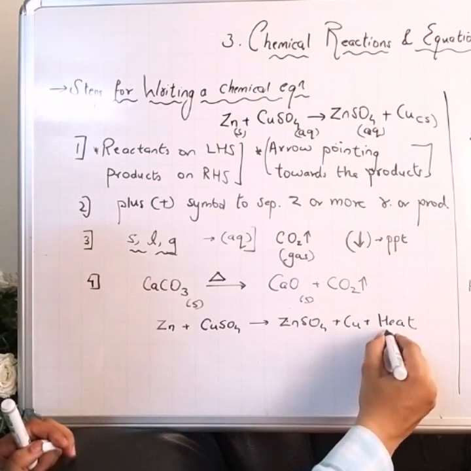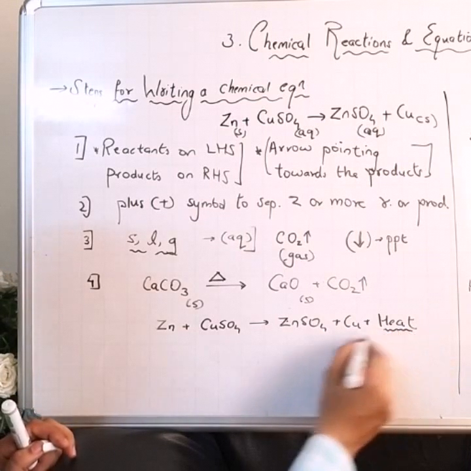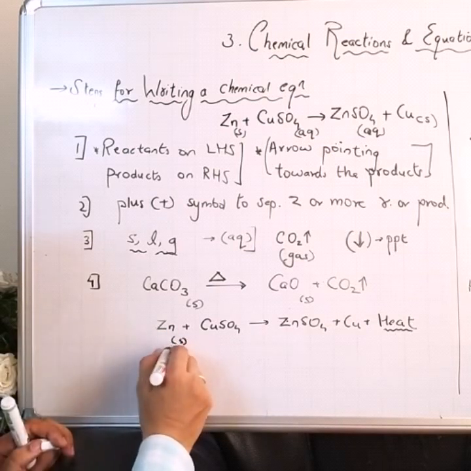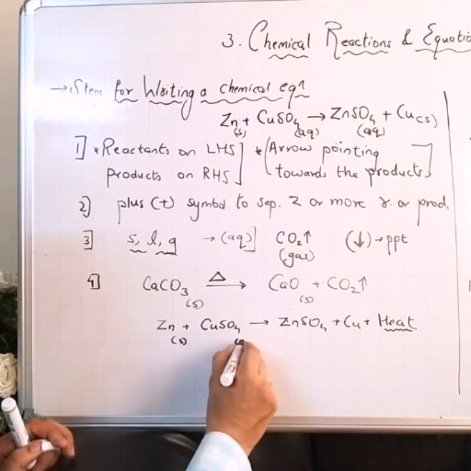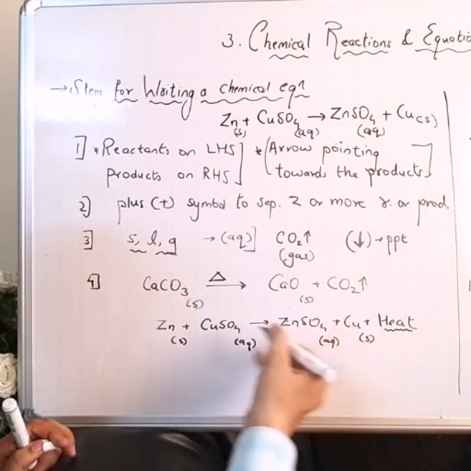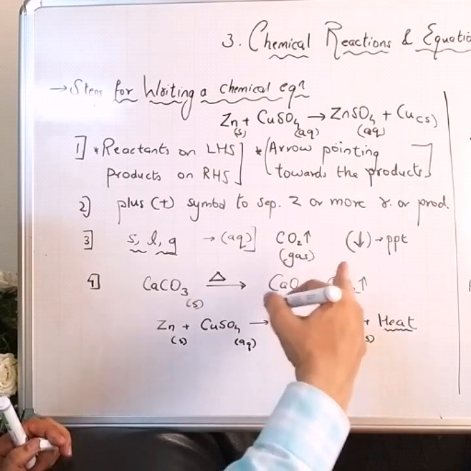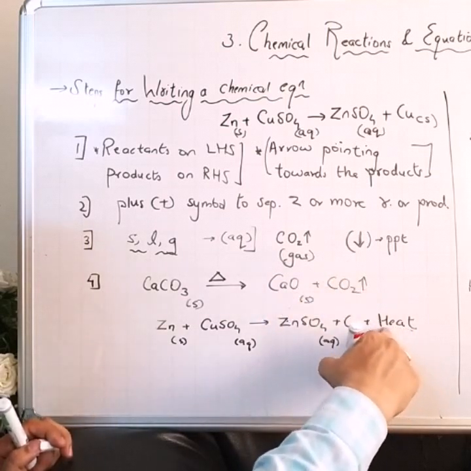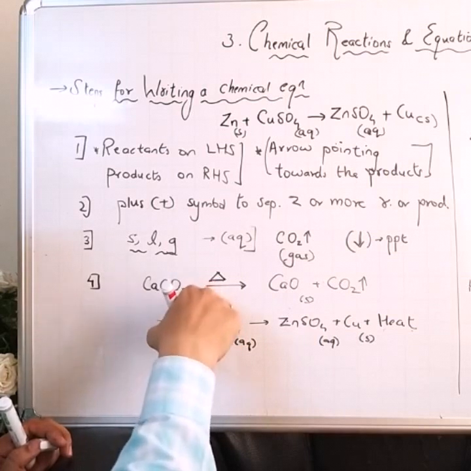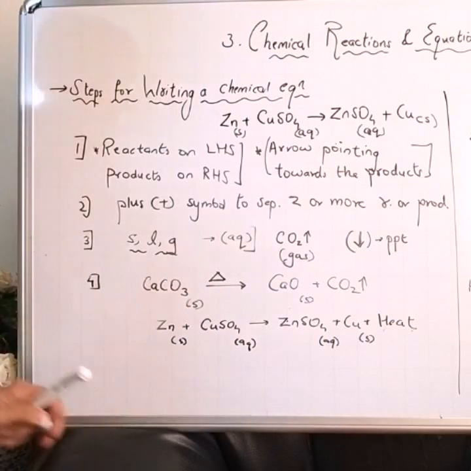Okay, so this should also be mentioned in the chemical equation. The regular symbols will come. This is solid, this is aqueous, and this is also solid. These things you have to mention, but at the same time, if heat is given out, then you should mention here plus heat. If heat is supplied, then we put a triangle above the arrow.